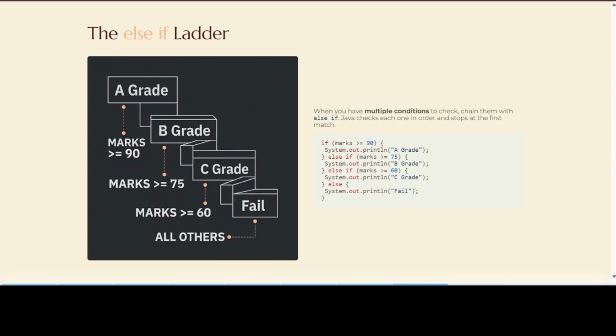Keep this real-time example in mind, so that if somebody asks what an else-if ladder means, you can explain it easily. A grade means marks of 90 and above, then B grade, C grade, otherwise all others fail.